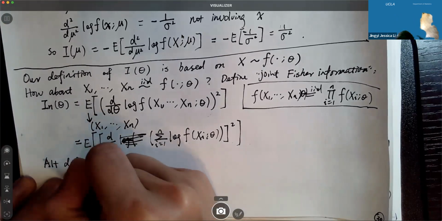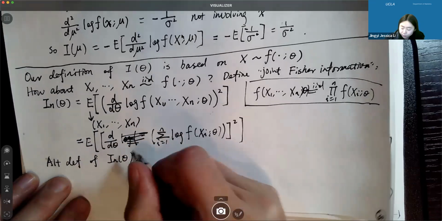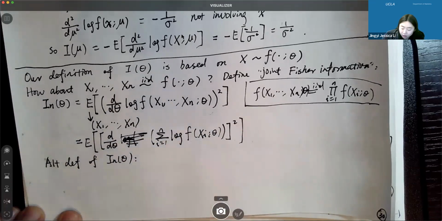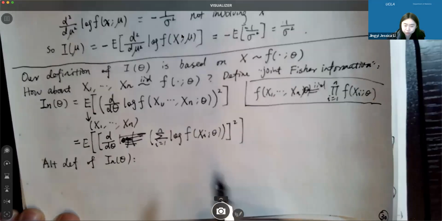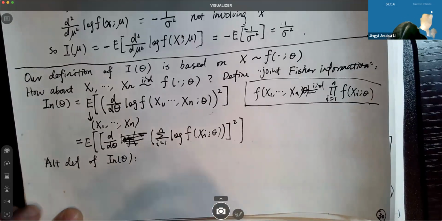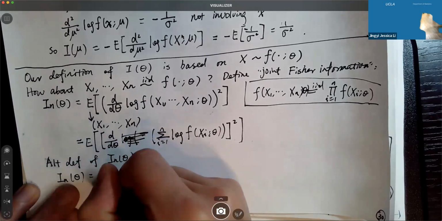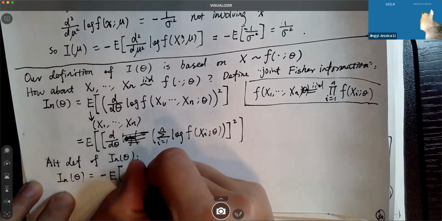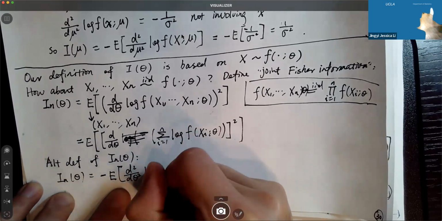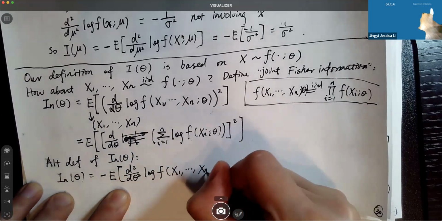The alternative definition of I_n theta is based on the second derivative. The proof that these two definitions are the same is basically the same as what we did before. You can just follow that by changing x to x1 to xn. So in the alternative definition, I will go to the second derivative: d squared d theta squared of log f of x1 to xn.